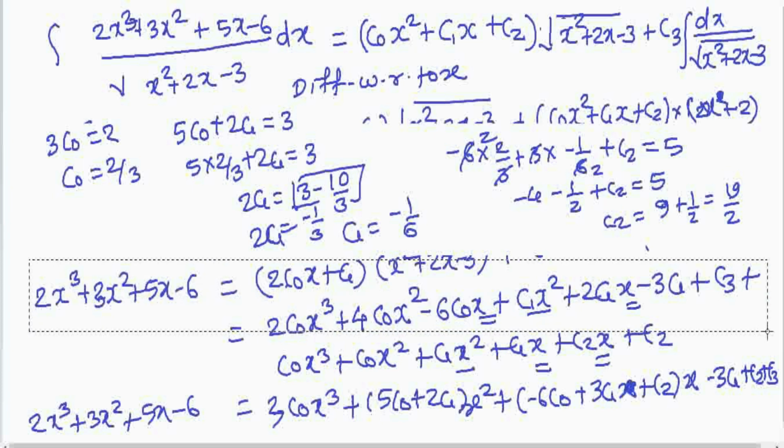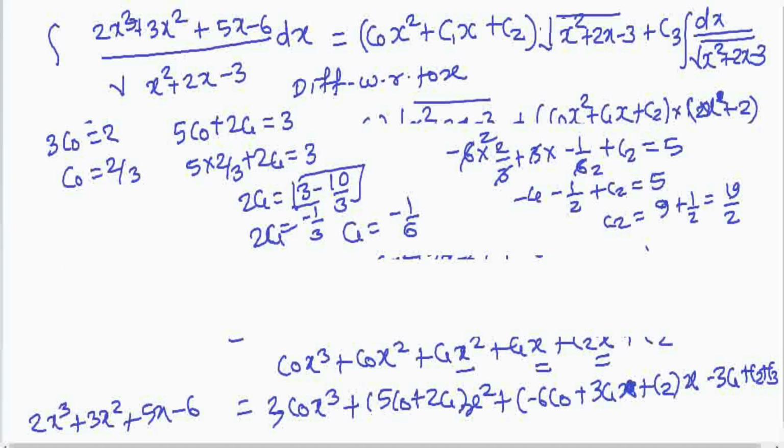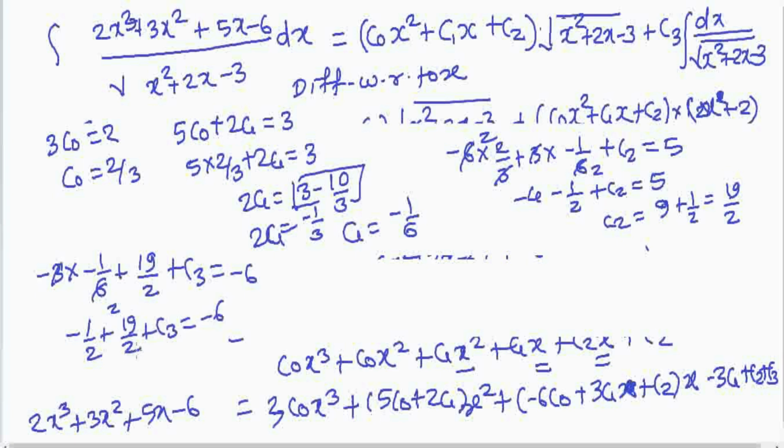Again, let us find the c3 term. The last equation is minus 3 into c1, minus 1 by 6, and plus 19 divided by 2, equal to minus 6. So this is 3 into 2, minus 1 by 2, minus 1 by 2, 19 by 2 plus c3 equal to minus 6.